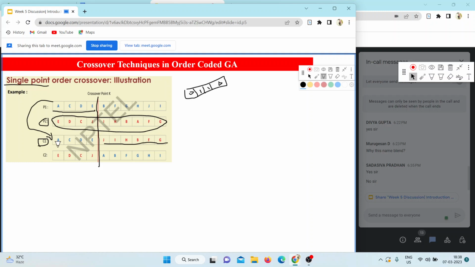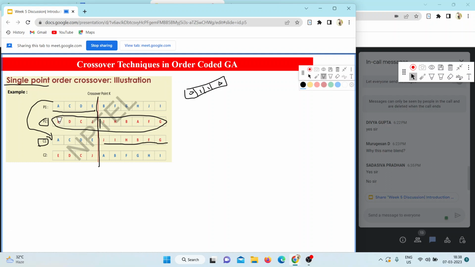So A, C, D, E we are writing exactly. Then we come to parent 2, starting from here.